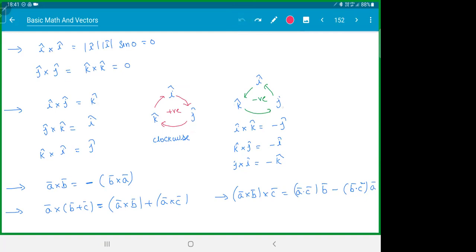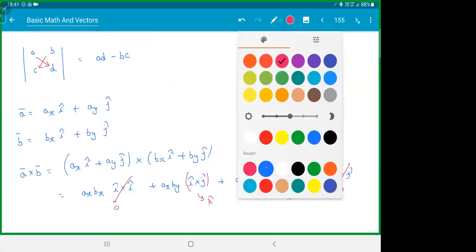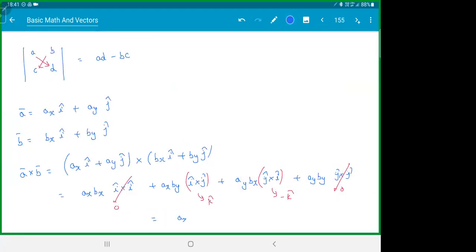If you go from K cross J, you'll get minus I. So basically, clockwise is positive, anti-clockwise is negative. So this thing turns out to be AX BY minus AY BX into K cap.